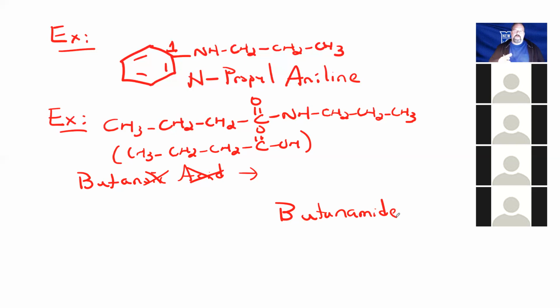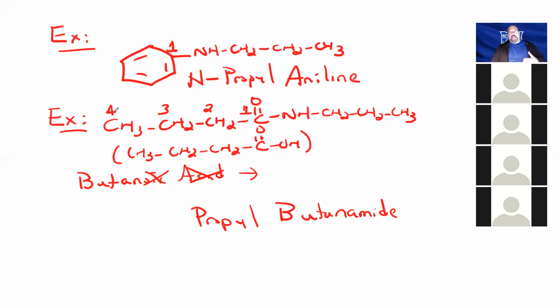Now, there's a carbon group on the nitrogen. In this case, that carbon group by its branch name is what is known as propyl. And how do we indicate that that carbon group is not in the carboxylic acid portion of the amide? If we were going to number the carbons here, the C double bond O carbon would be 1, and then I would number the rest of the carbons in the carboxylic acid portion.